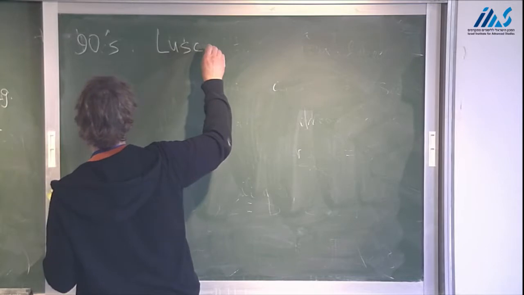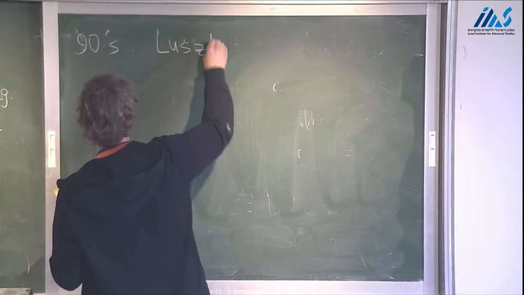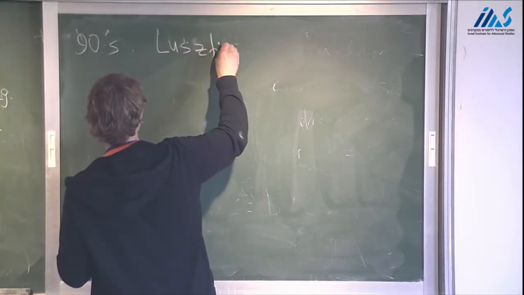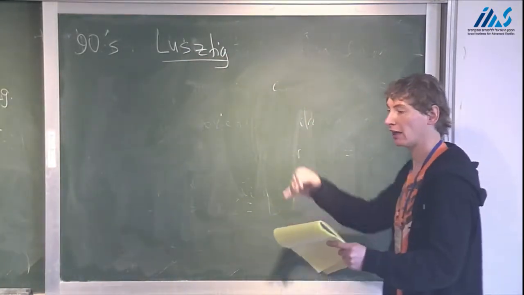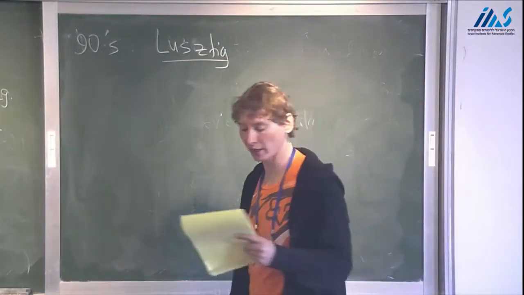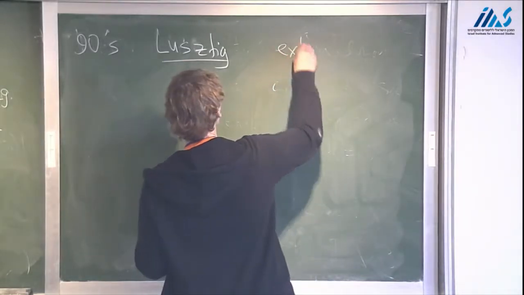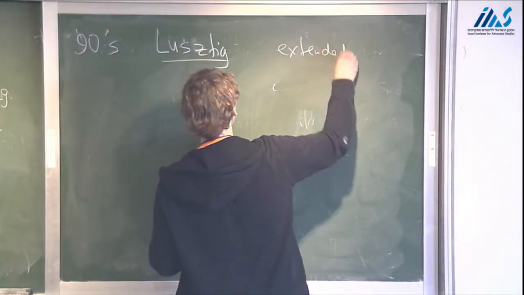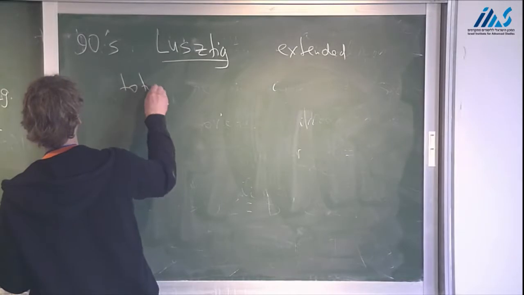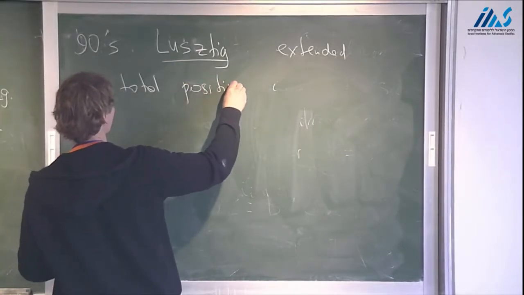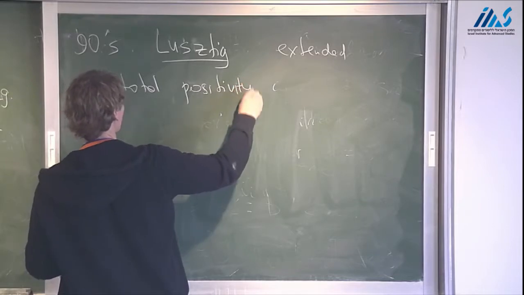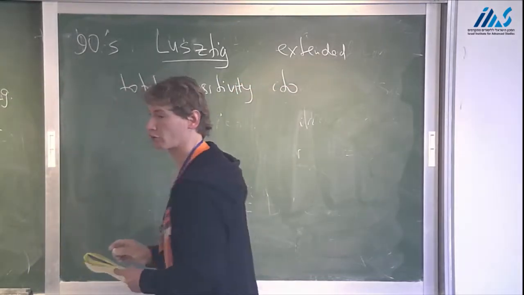But more recently, in the 90s, George Lustig extended this concept, extended total positivity to reductive groups.